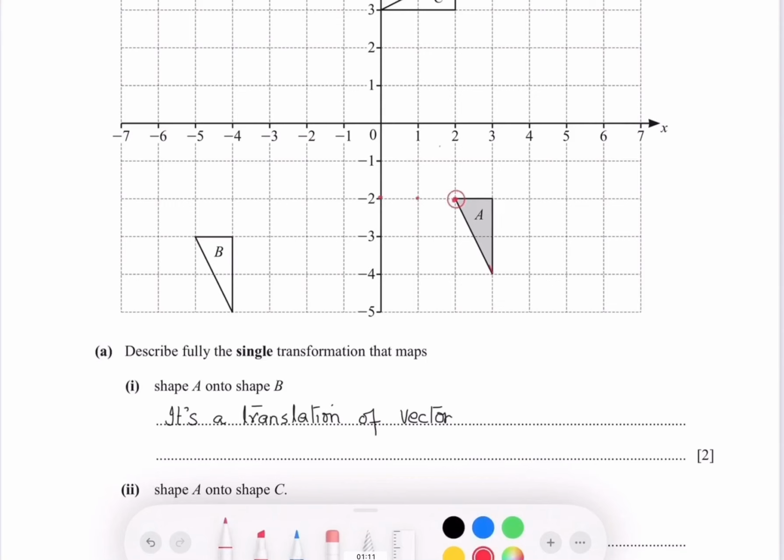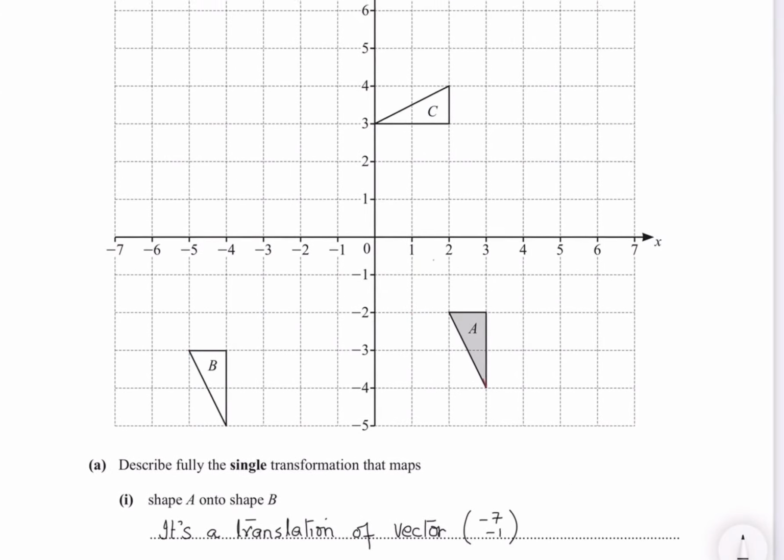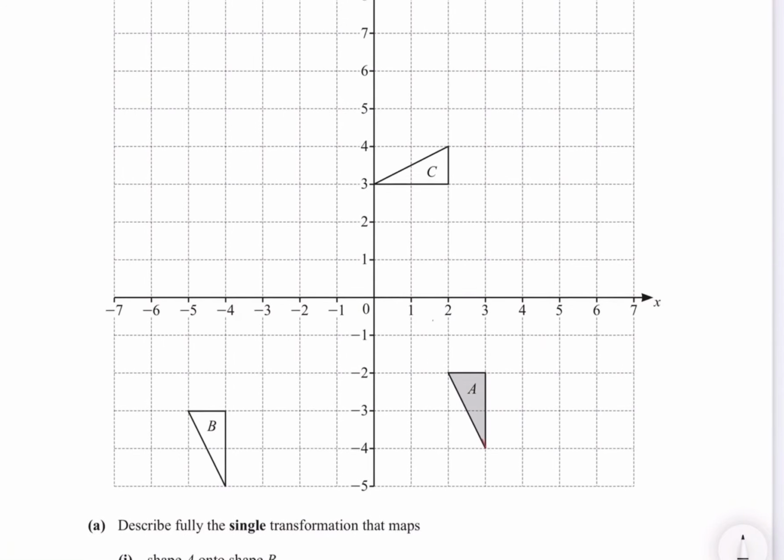Take this point and move towards the corresponding point on B. You moved 7 blocks on the left side, so you write -7. And now you move down 1 unit, so you write -1 here. So your translation vector will be -7 and -1. So this is it for part A1.